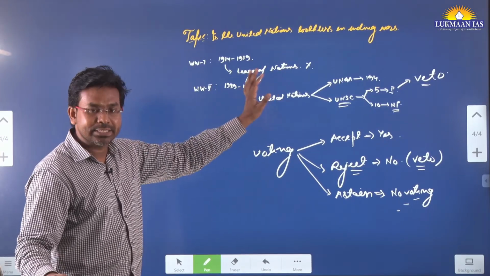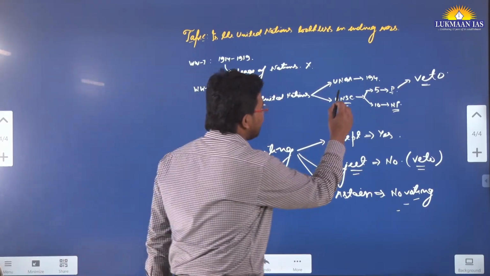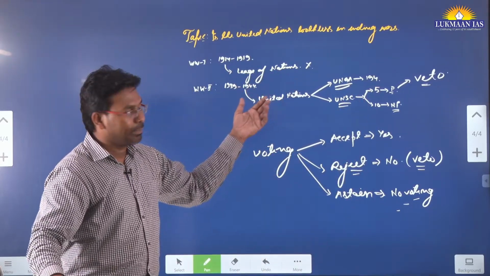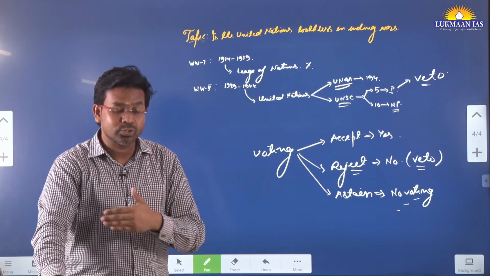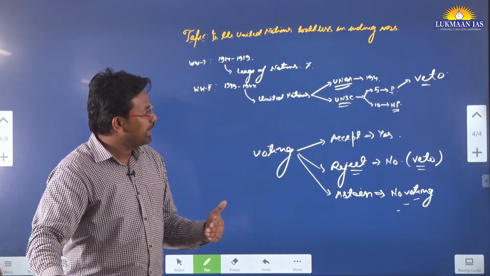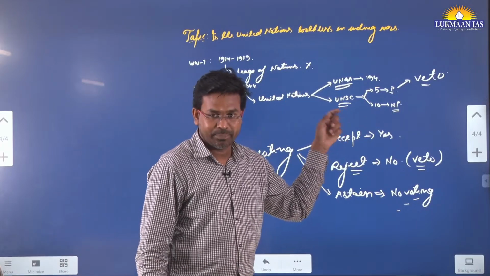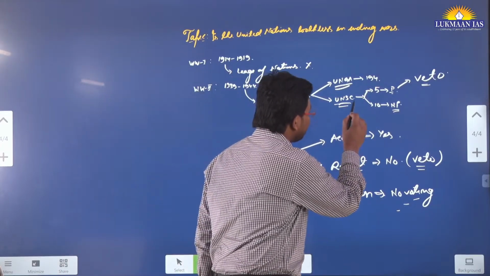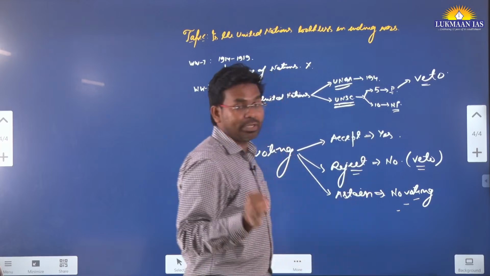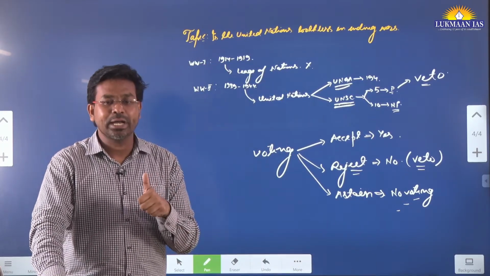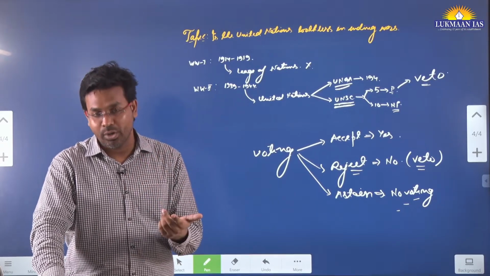Although the United Nations General Assembly is a more representative body, with all the members present, more power has been given to the United Nations Security Council. Why? Because the Security Council works on very important matters. One of its works is to stop any further world war.